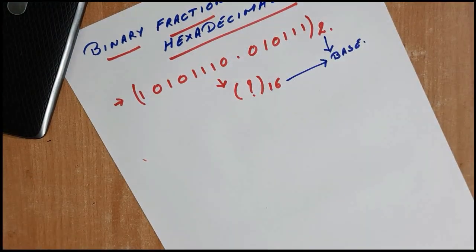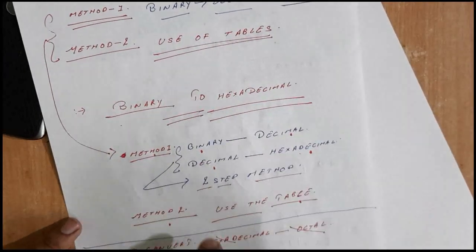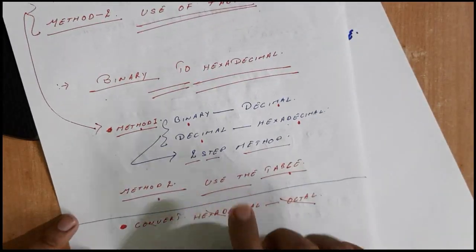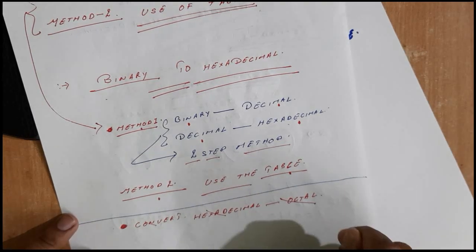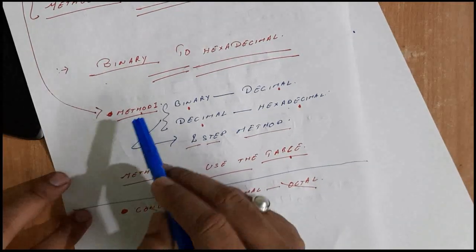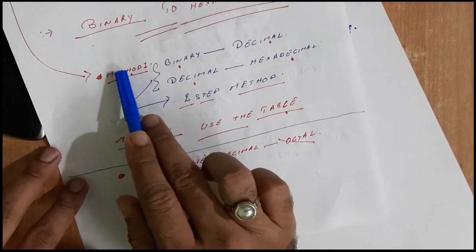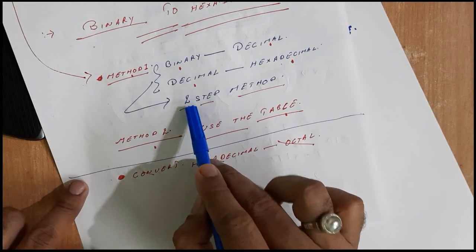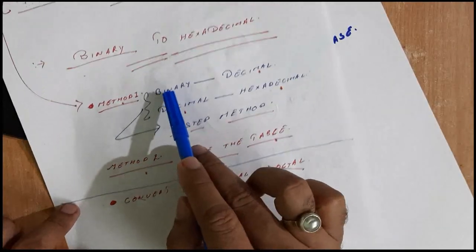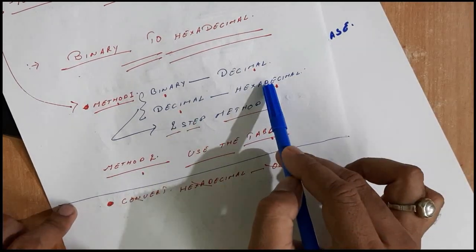students. So, for converting binary to hexadecimal, what we have seen for the whole number, the same we will implement for the fraction number. We have two methods, method 1 and method number 2. In method number 1, we have followed two steps, that is converting binary to decimal and back decimal to hexadecimal.